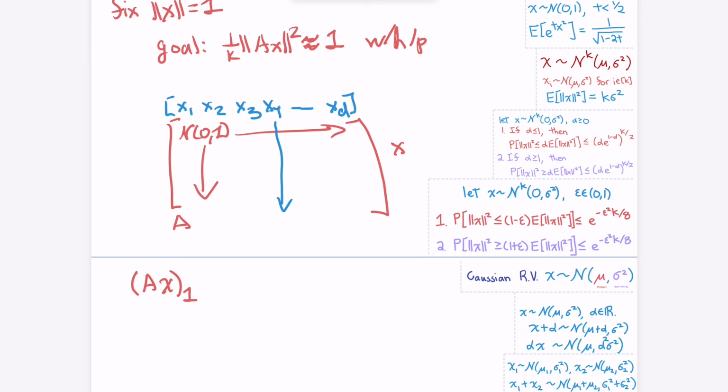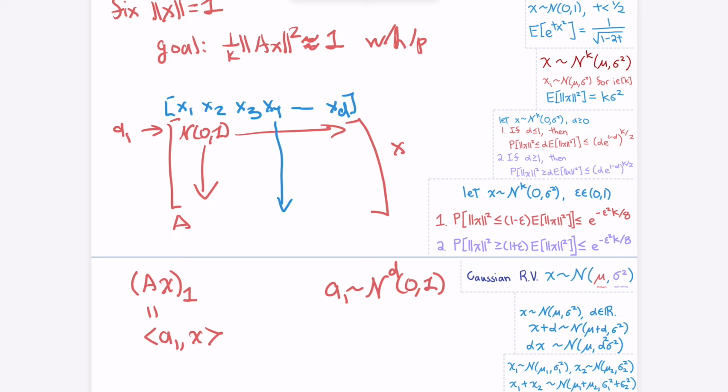So what we can ask ourselves, for starters, is what does one row of this look like? Let's call this row, this vector, a1. Every entry of a1 is a Gaussian. In that case, a1 x will be the inner product of our Gaussian random vector and our input x.